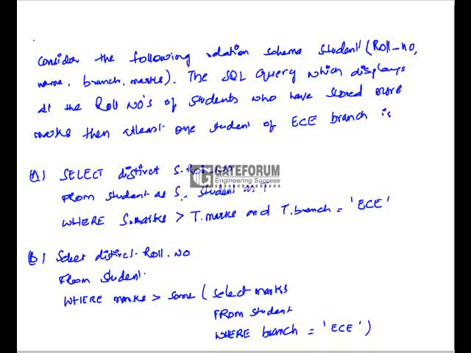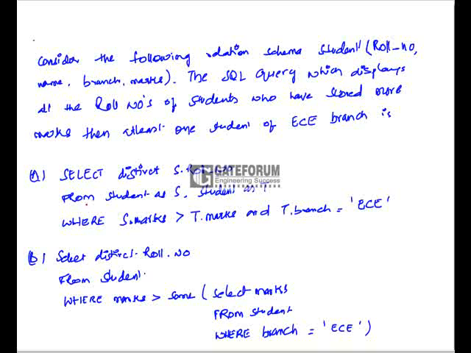In order to retrieve the tuples which we want, we have to compare the table student twice. So from student as S and student as T, here the table student is compared with itself.